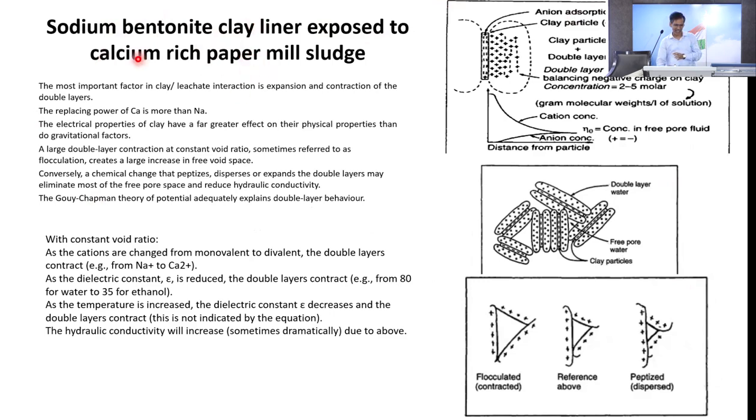What happens if it comes in contact with the calcium mill sludge? This is the void space in between. If this pore space decreases, then obviously permeability will reduce. Now suppose this pore space increases after the reaction, what will happen? Permeability will increase.